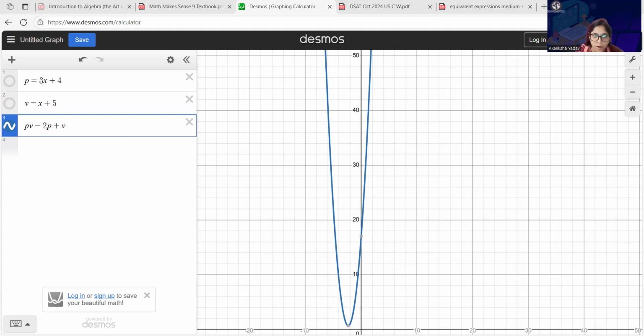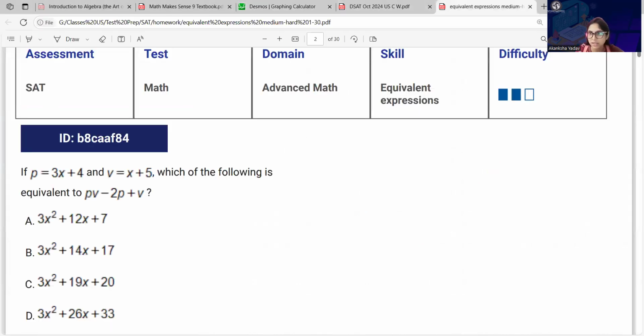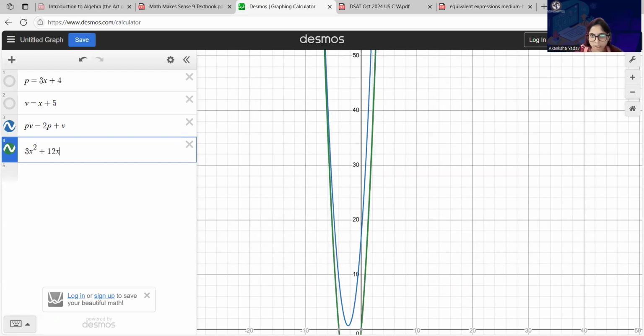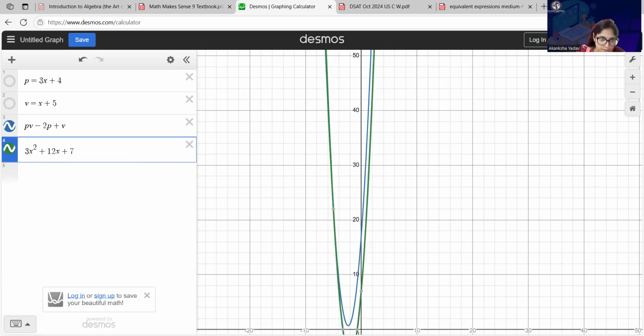Now what you can do, you can type all the options and see where the graph is exactly matching. For example, 3x squared plus 12x plus 7. It's not matching, so this is not the answer. And 3x squared plus 14x plus 17. It's completely matching, you can check it. So option B is your answer.